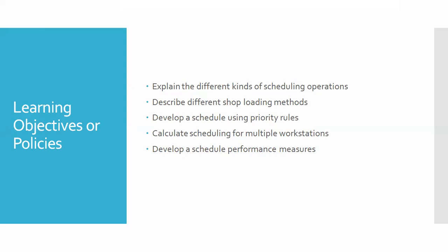You have to calculate the scheduling for the multiple workstations, and based on that, you have to develop a schedule performance measure. You have already scheduled the component, so what is the performance with respect to your system and how can you measure that? So that is the basic policies or the learning objectives you can have while going through this chapter.